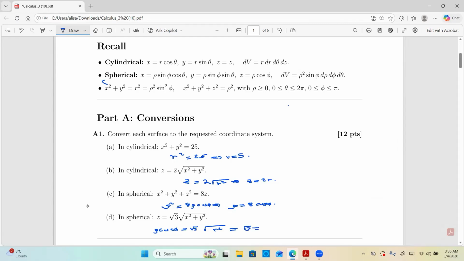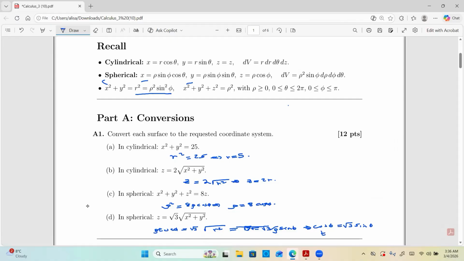And if you use the definition of x and y in spherical and you simplify, you will see that r must be of this shape. Excuse me, here I'm missing an r. So square root of 3, and r is going to be rho sine phi. And then this could be simplified more. We can cancel the rhos, and we end up with cosine phi equaling square root of 3 sine phi.